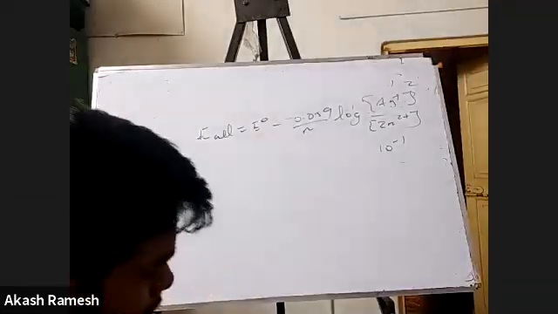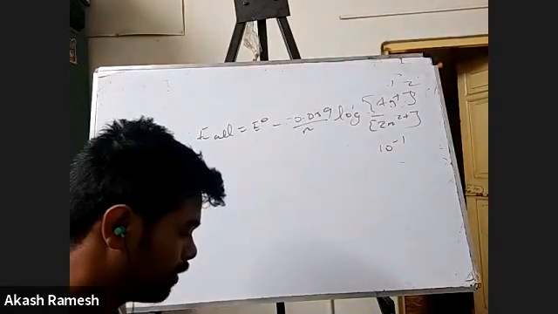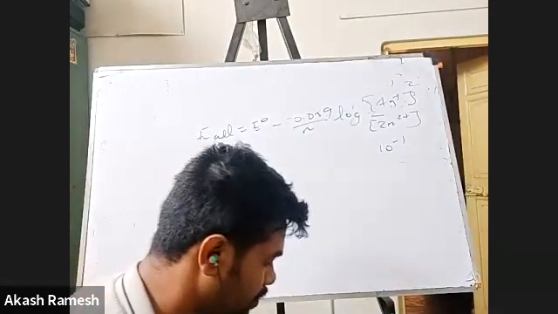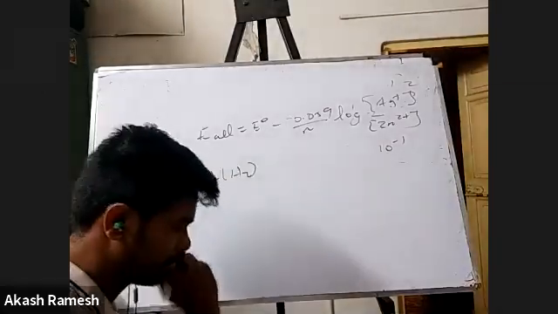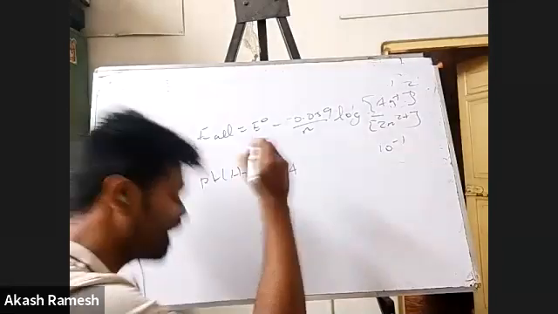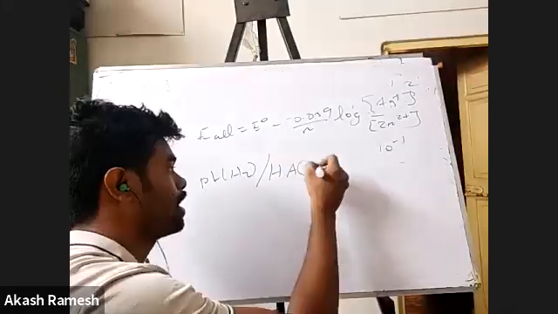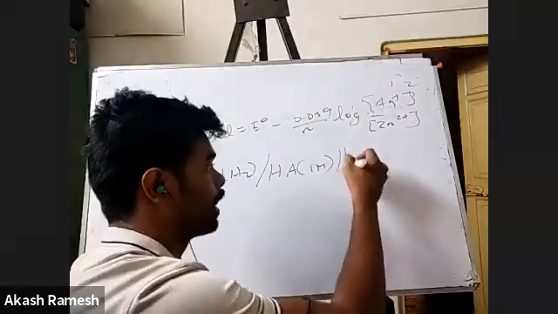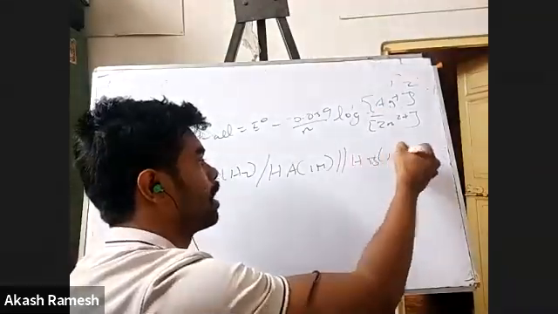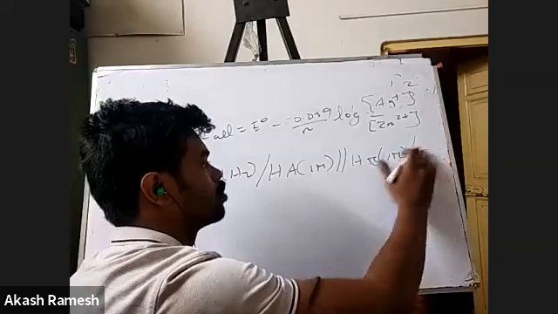Okay. Right. So now they have given this cell: platinum H2 bar HA of 1M concentration, double bar HB 1M bar H2, platinum H2.